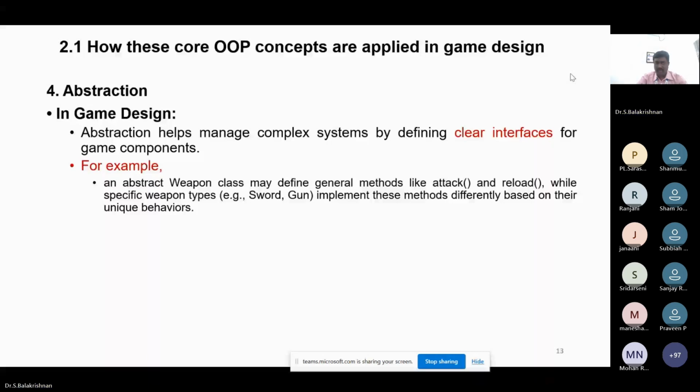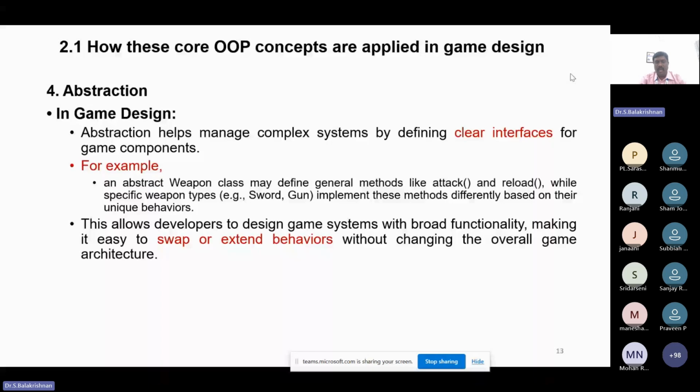In that case, the method is common, but the behavior changes based on the type. That's why it's called hiding, though not exactly hiding; here it's about perception, which is why it's called abstraction. This allows developers to design game systems with broad functionality, making it easy to swap or extend behavior without changing the overall game architecture.